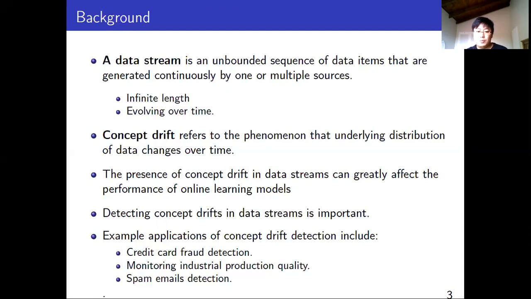As a result, the previously trained fraud detection model may not be accurate anymore. In order to address this problem, we usually use some sort of concept drift detection method to detect when the drift happens, and then we retrain the model so that the model can still maintain relatively good performance even though drift happens.